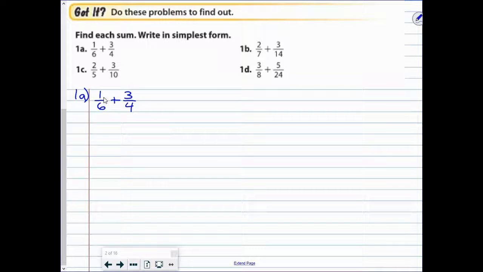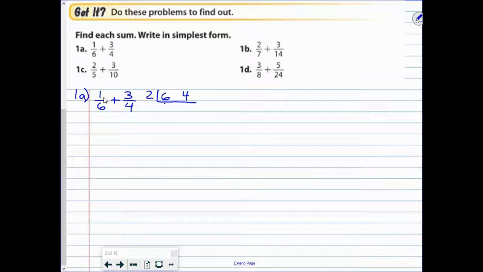And that answer is yes. When you have that situation, what you should do is take both of your denominators, put them next to each other, and make this upside down division bar. The number that divides equally into both 6 and 4 is 2. I'm going to write that outside, and then I'm going to divide both of those numbers.